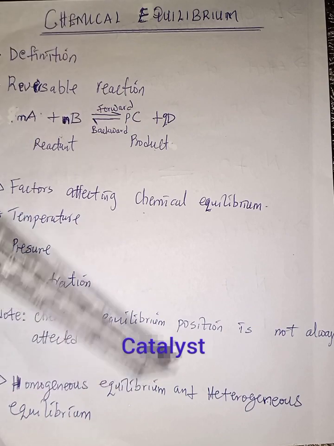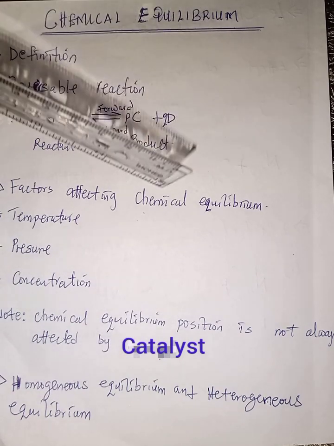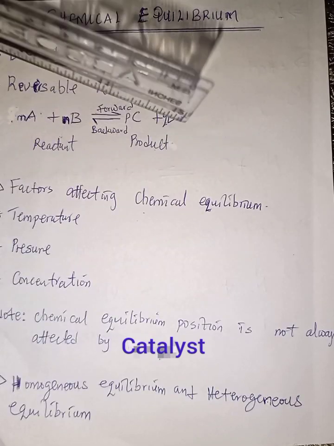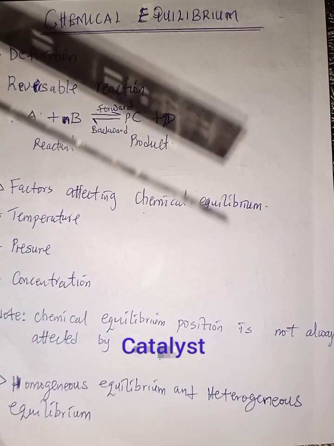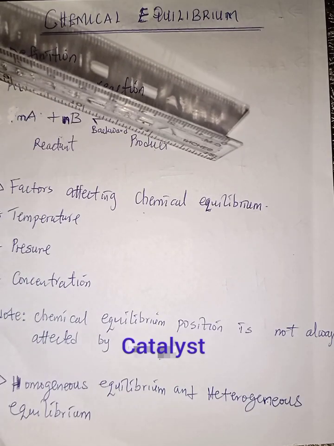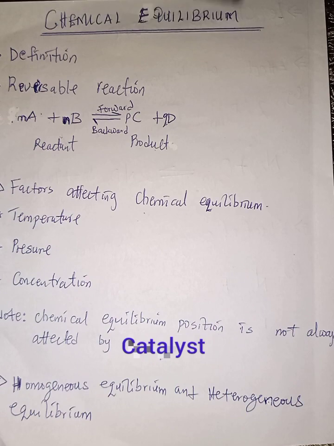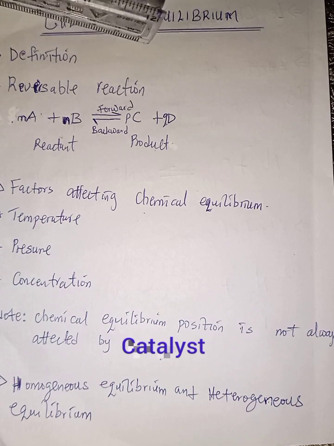We have homogeneous and heterogeneous equilibrium. What is the meaning of homogeneous equilibrium? Homogeneous means something of the same kind. When you have a chemical reaction in which both the reactants and the products are in the same phase, remember, the phases of matter can be liquid, solid, and gas.